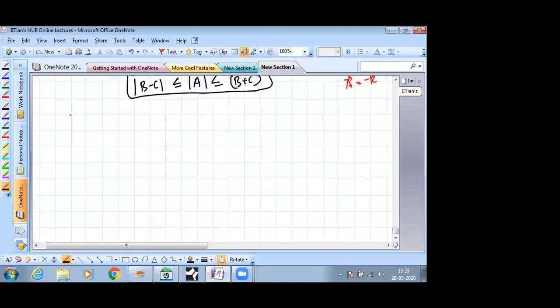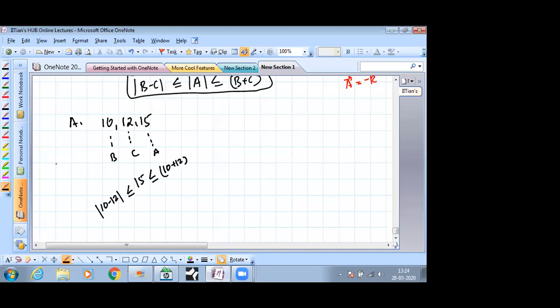If you look at option 1 or option A, it says 10, 12, 15. You can see that if you take these as B, C and A, or whatever order you take it in, 15 is less than the sum of 10 and 12, and it is greater than or equal to the difference.